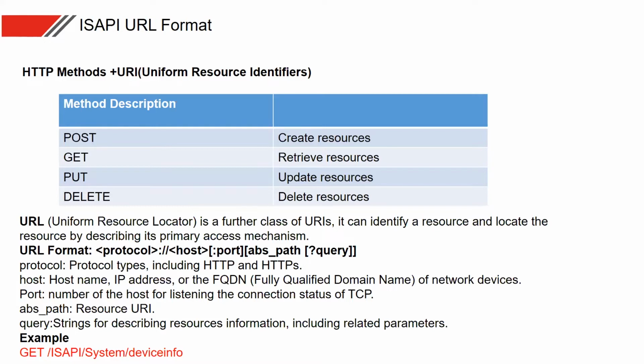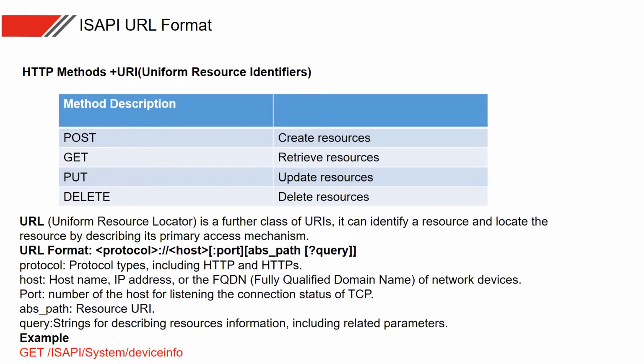Otherwise, you cannot call the ISAPI to do the interaction. The port is normally 80, which is the TCP port of the device. Of course, you can also modify the port number on the device's web page. And the path is the detail about which command you want to use. We have several.